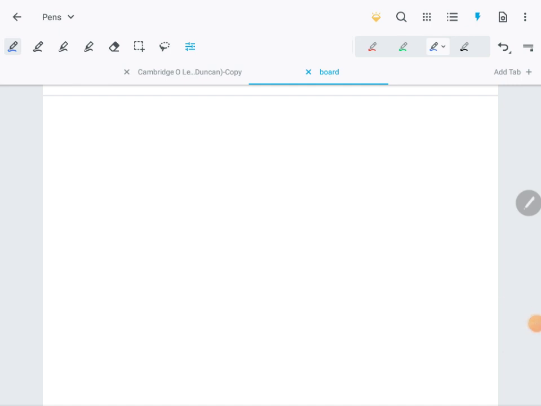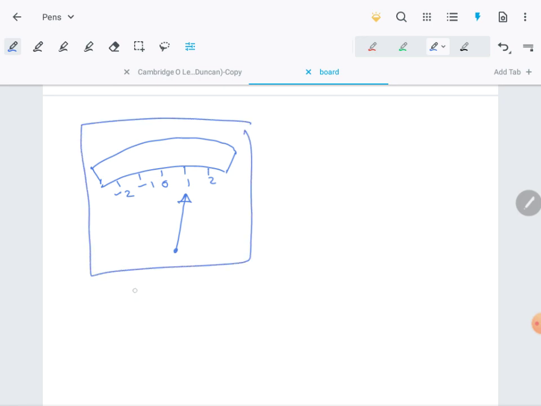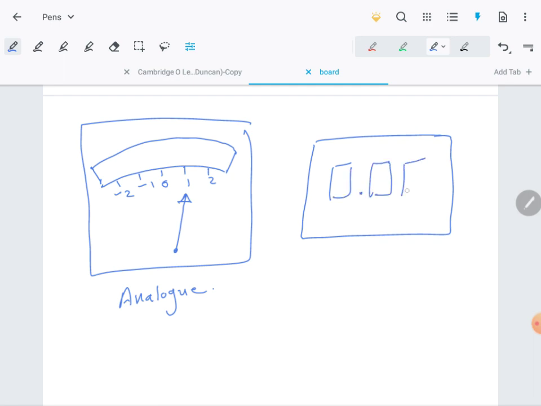Any device with a pointer and scale, like this is 0, this is 1, this is 2, -1, -2, and this is a pointer. Any device like this is called an analog device. But if the ammeter is electronic, this ammeter or this voltmeter is called digital.